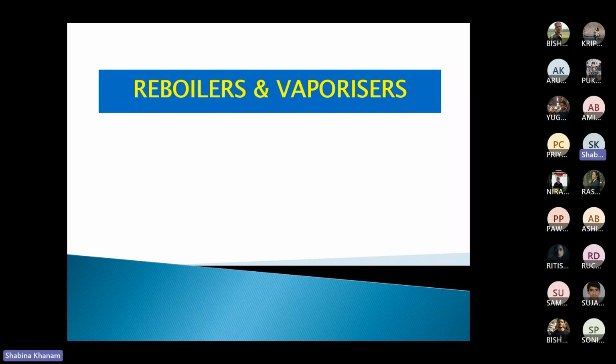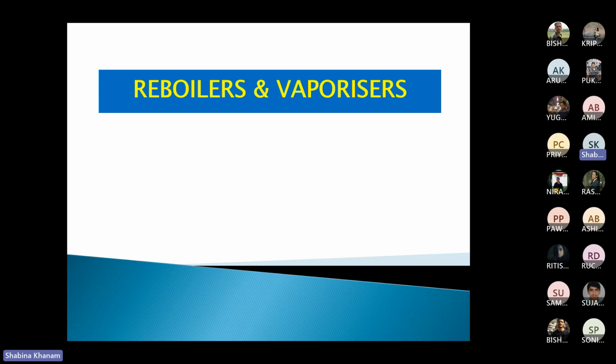After this condenser, we will proceed towards another very important piece of equipment, which is considered in a chemical plant wherever you are dealing with a distillation column, and where you need to consider feed as vapor, we need to have this vaporizer.